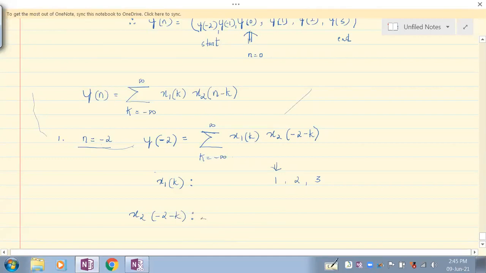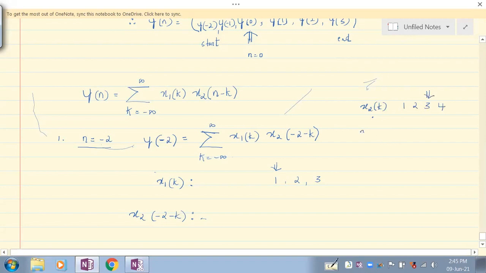Fine. Now, to understand this, we need to first understand what is x2 of k. Let everybody just see this exercise because this is a very important exercise. Let's have x2 of k. It's 1, 2, 3, 4, with this being the 0th sample. Right.